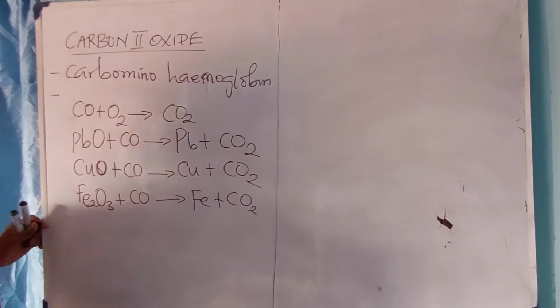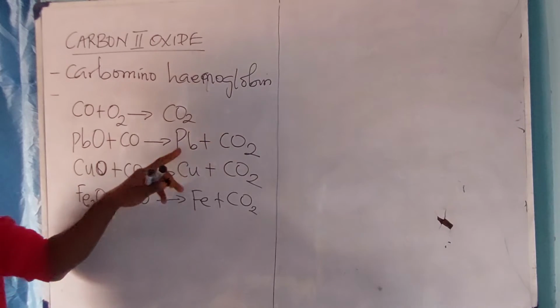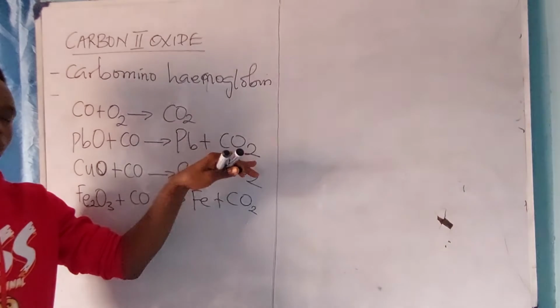You can see that once it reacts with the oxides of these metals, it will produce their respective metal and their carbon 4 oxide.